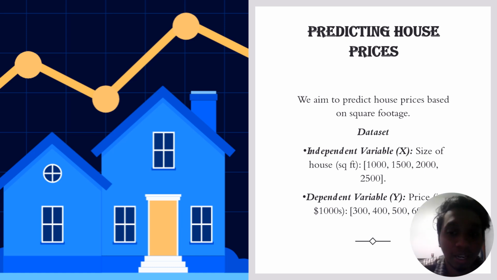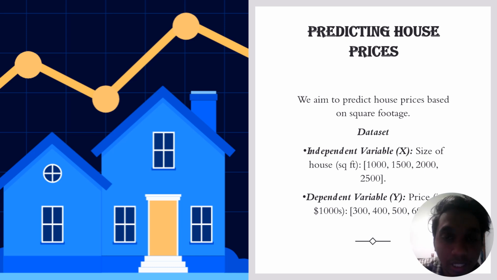Let's see an example in action. We want to predict house prices based on the size. Here's our data set. Sizes ranging from 1000 to 2500 square feet. Prices ranging from $300,000 to $600,000. Using the derived equation y = mx + b, we plug in the variables.